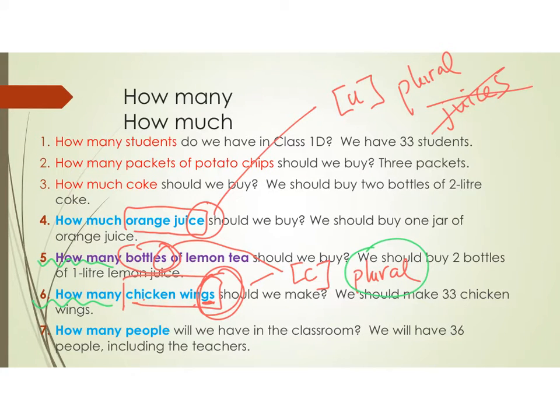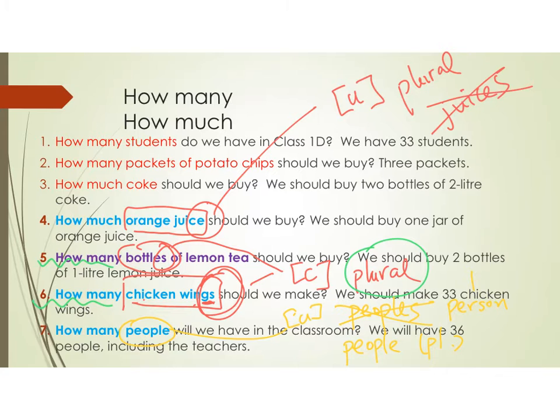Then someone may ask, hey, Miss Lai, how about people? People is countable, right? Why don't we say peoples? Still remember, people is already the plural form. The singular form is person.